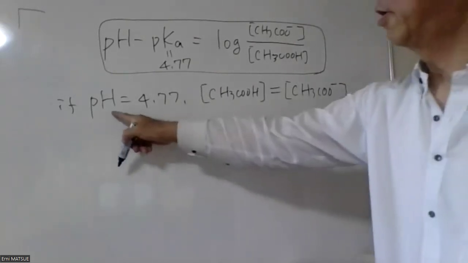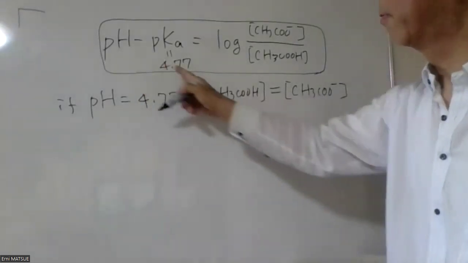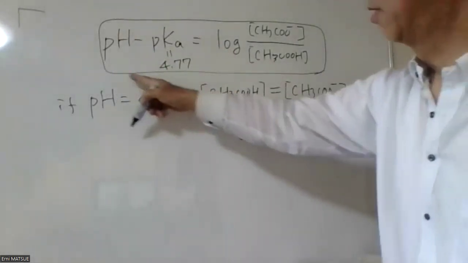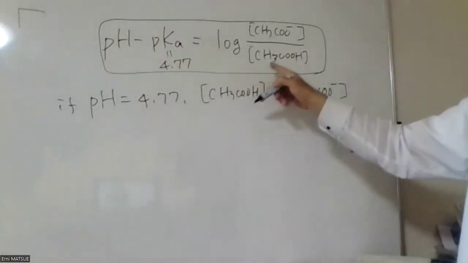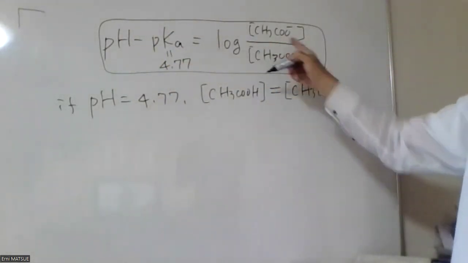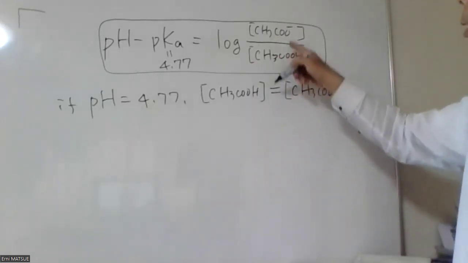If pH is 4.77, the left-hand side becomes 0, because log 1 is 0, so they are equal.